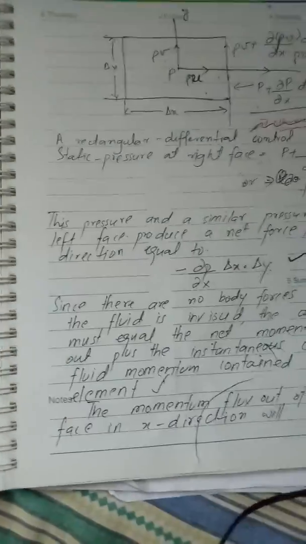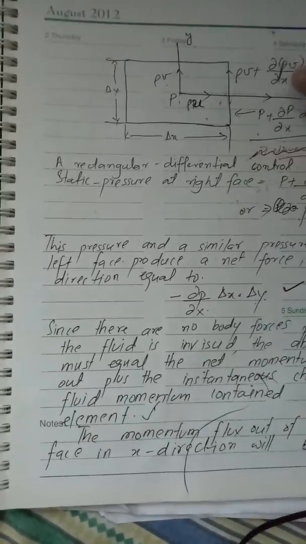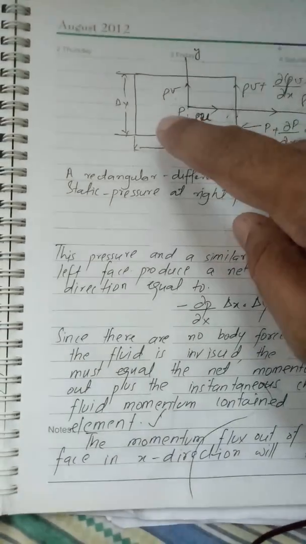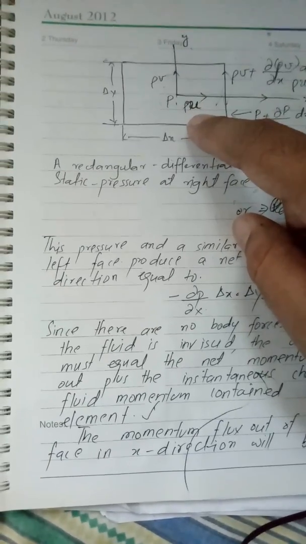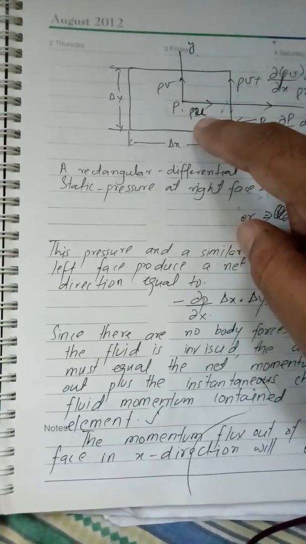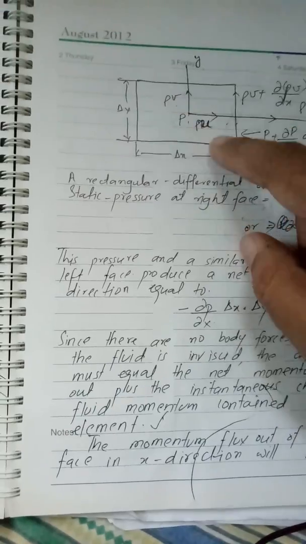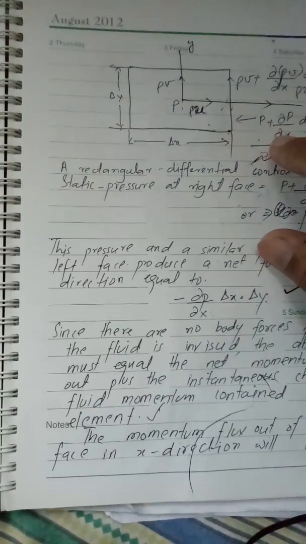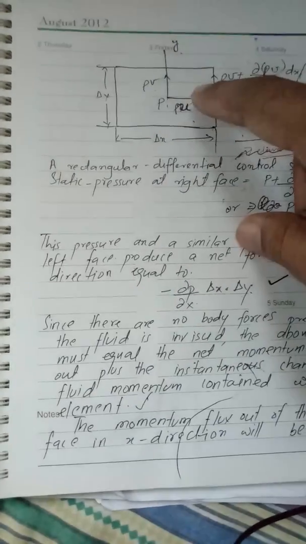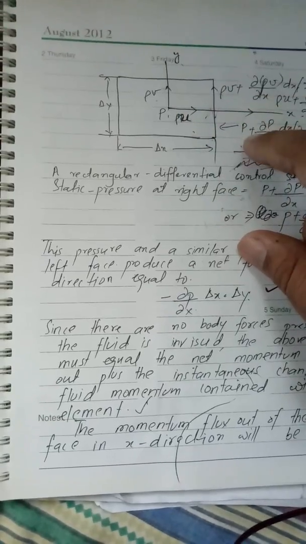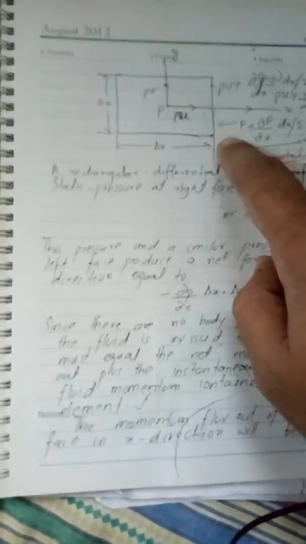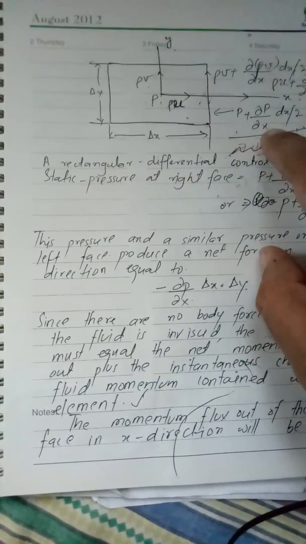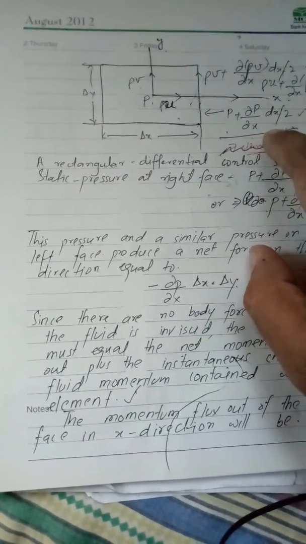And with the continuation of the same concept, we have this rectangular differential control surface with delta y and delta x. P is the point with ρu along the x-axis and ρv along the y-axis. Taking out this differential element, the pressure on the right side would be p plus ∂p/∂x times dx/2.